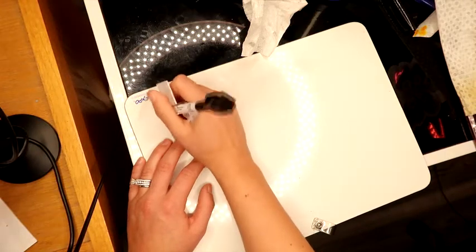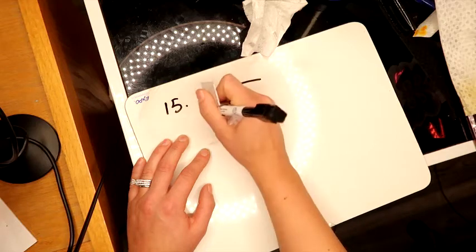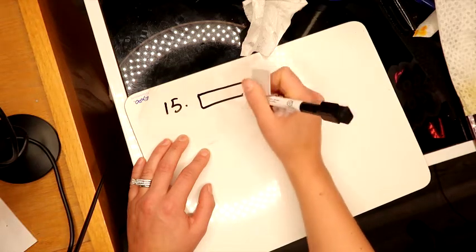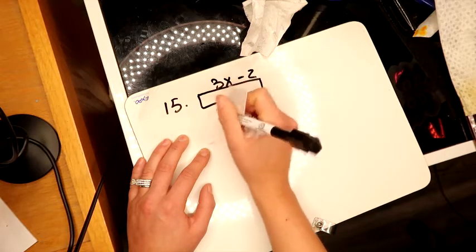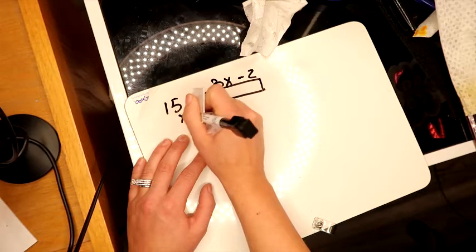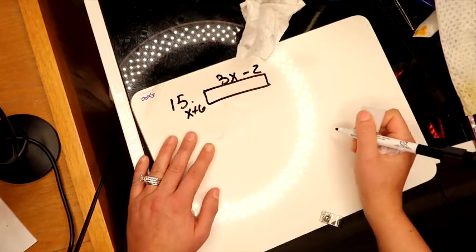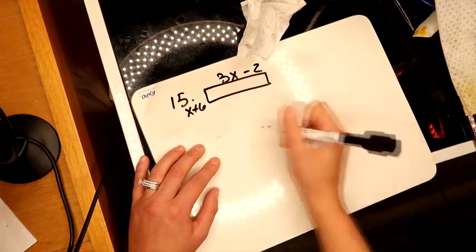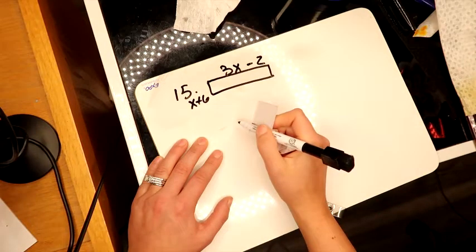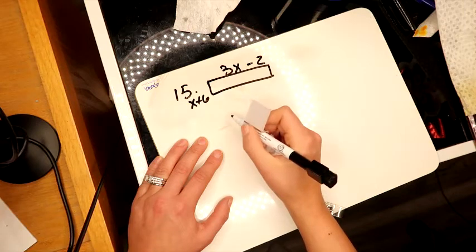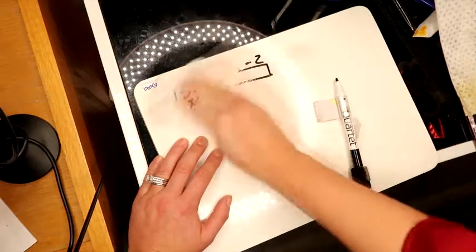So then we have 15, which looks like a box. (3x minus 2)(x plus 6). Okay, so what we're going to do is combine like terms. You know what? I'm going to show you guys how to do the last 4 problems on the board tomorrow.